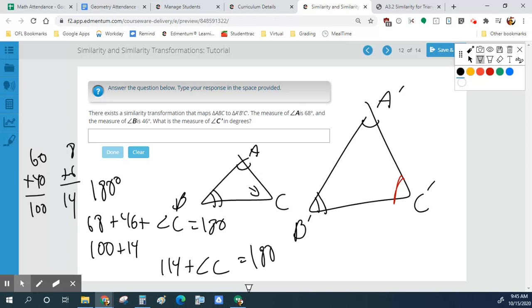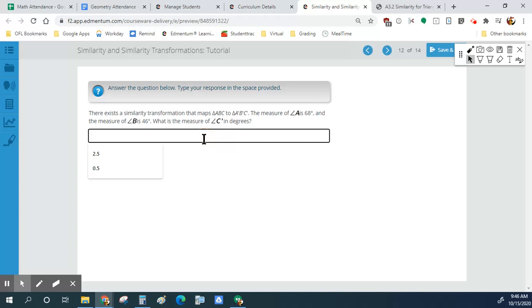And then 80 take away 14, so we have 70. 10 take away 80 is 70, take away 4 is 66. So we get angle C equals 66. And I did that kind of fast in my head, but I just want you guys to kind of get an idea of how to do math fast in your head. All right, so we should have an angle of 66.